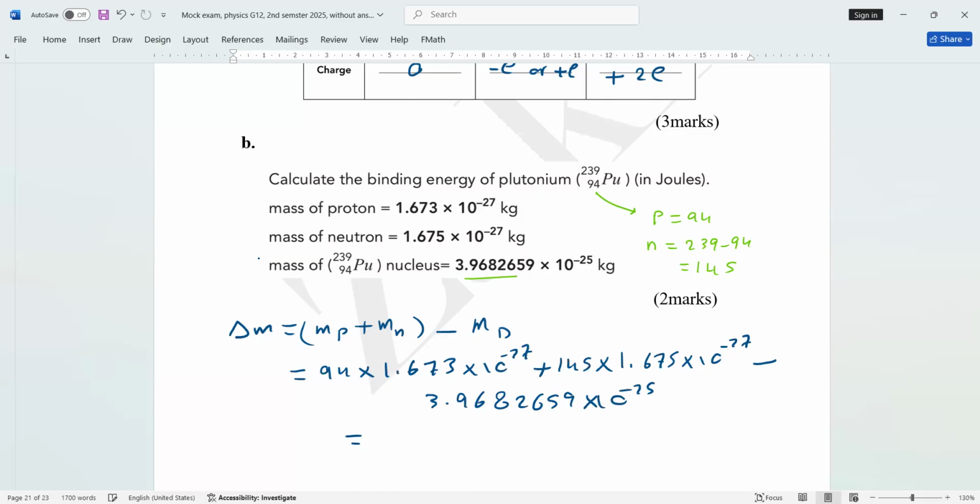When you calculate this, the answer is 3.31 multiply 10 to the power negative 27 kilogram.